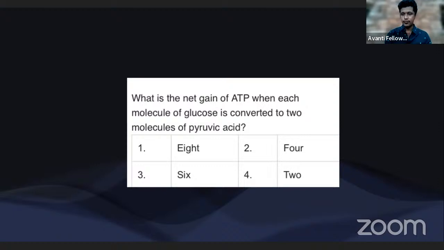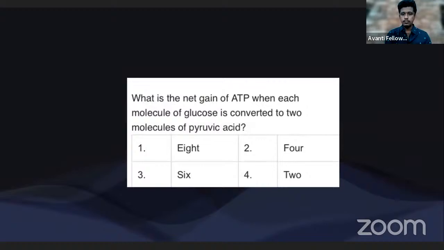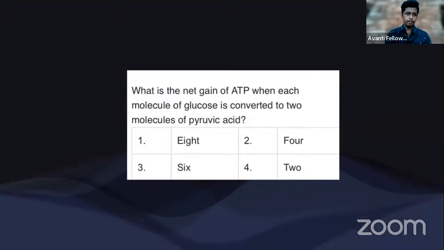Just gave you a difference between what is a net and what is gross, right? Got it, students?